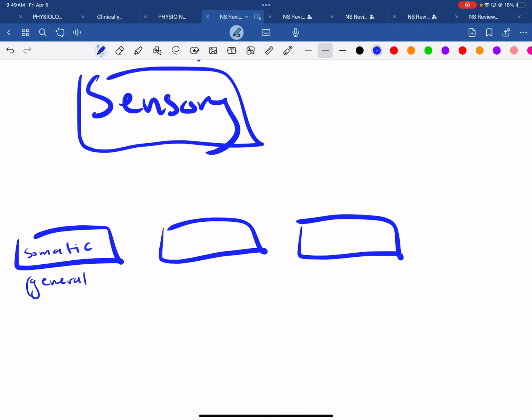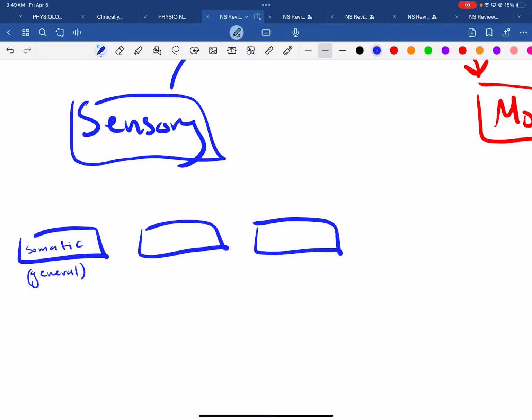It's also called general. What about the ones coming from the organs, like the heart, right? Visceral. Let's call this one autonomic. What about the ones coming from some of the organs in the head, like the eyes and the ears? Good, special.